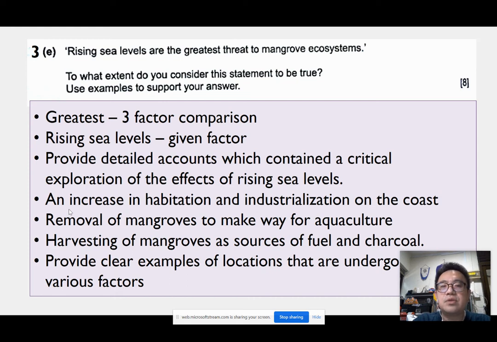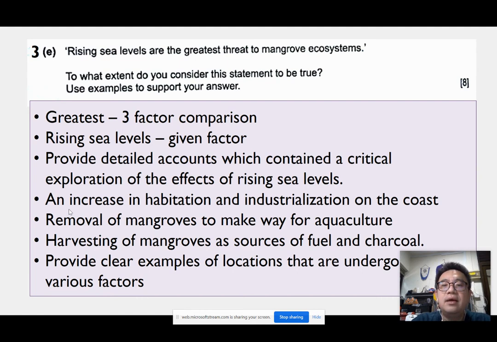Provide detailed accounts of what causes rising sea level and what the detrimental effects of rising sea levels are on the mangrove system itself. Other threats are increase in habitation, which basically means residential areas, and industrialization, the building of industries on the coast, which is one of the threats to mangrove ecosystems that exist currently.